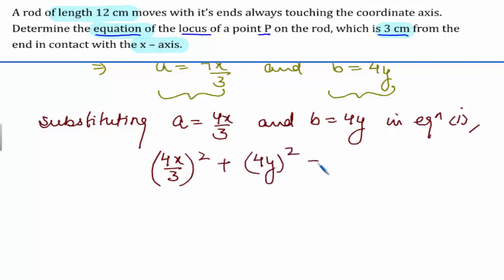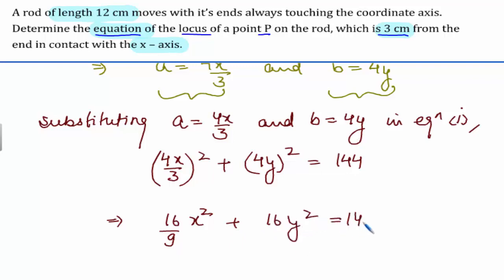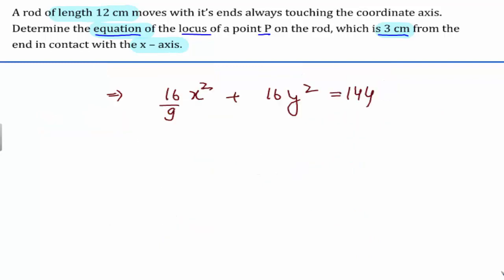We get this equation. This implies that 16x square divided by 9 plus 16y square is equal to 144. Now on dividing both sides by 144 gives 16 divided by 9 into 144, which gives 1 divided by 81 into x square plus y square divided by 9 is equal to 1.